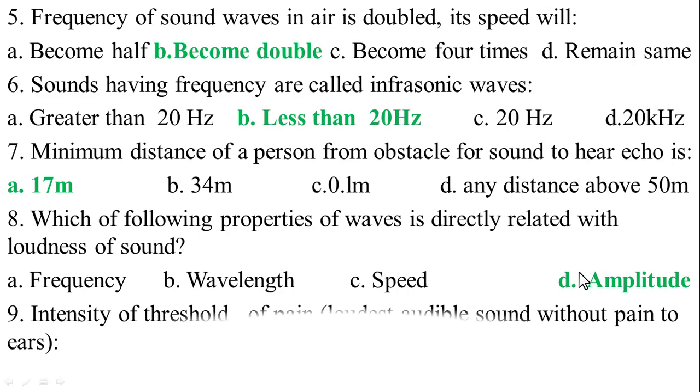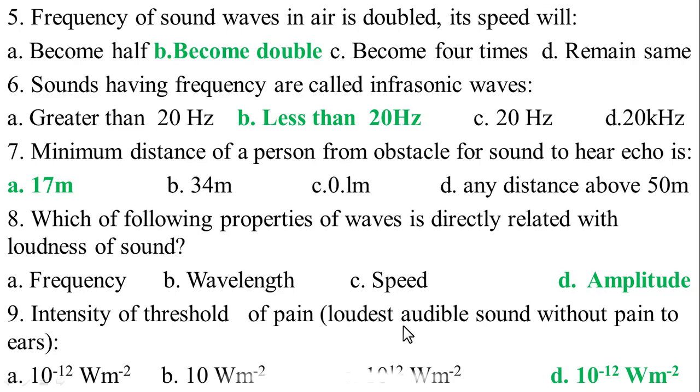Now in the next part, MCQ number 9: the intensity of the loudest audible sound without pain to the ear. This value is 10 raised to power minus 12 watt per meter square, that is equal to I naught.